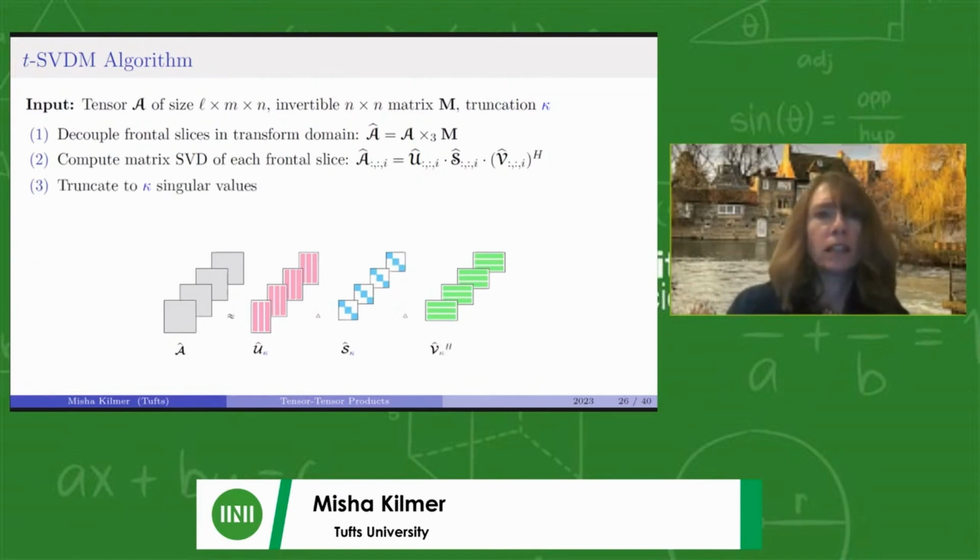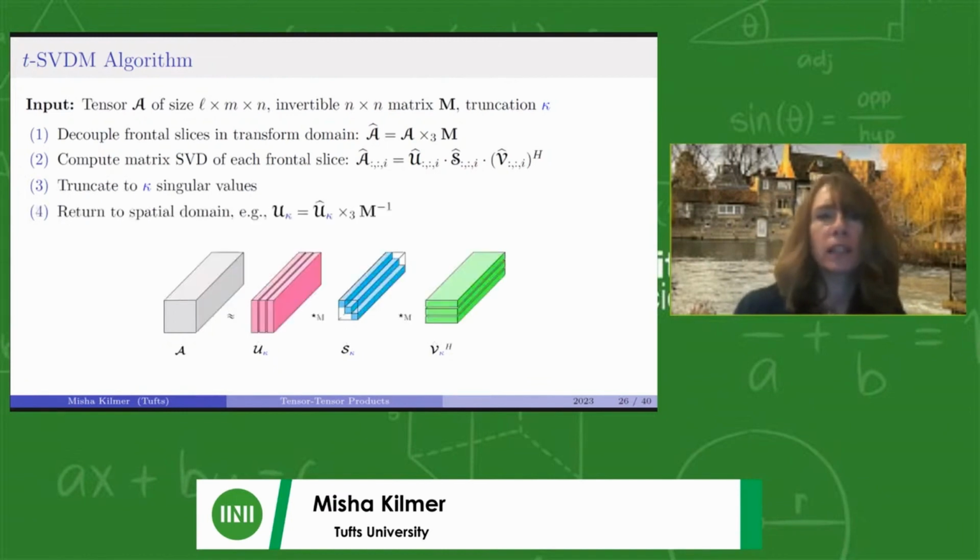And I truncate those to kappa terms in each case. To get the U kappa, S kappa, V kappa, I just need to apply M inverse along the tube fibers, where the value really comes in using M as a non-zero multiple of an orthogonal or unitary transformation. So really M inverse is not any more expensive than applying M transpose or M Hermitian transpose.